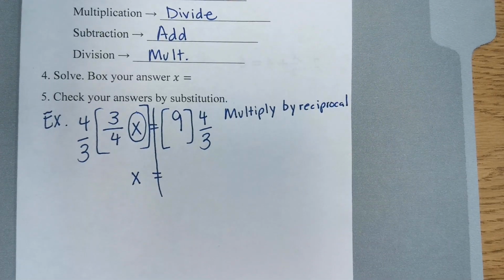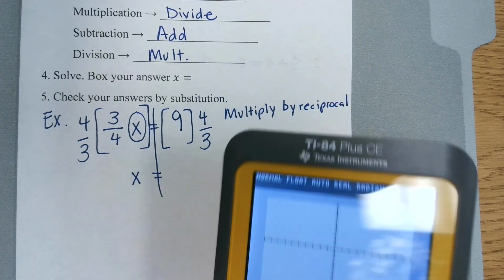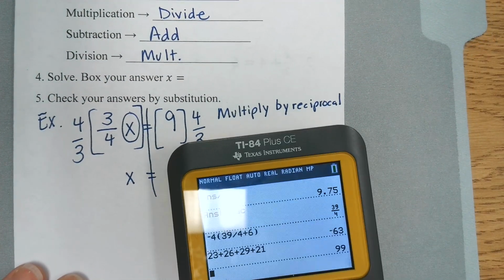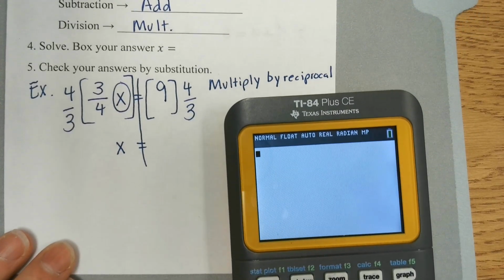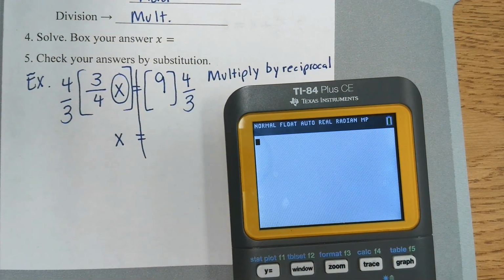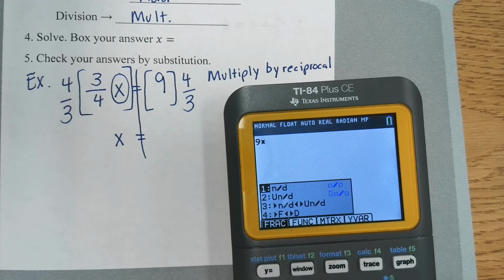Let me grab a calculator. So let's go ahead and look at how to multiply this. So do 9 times. We want to put in the fraction 4/3. So we're going to do alpha y equals to get that fraction menu. That's that hidden menu. That gives us the fraction.